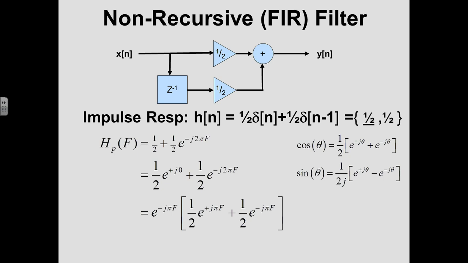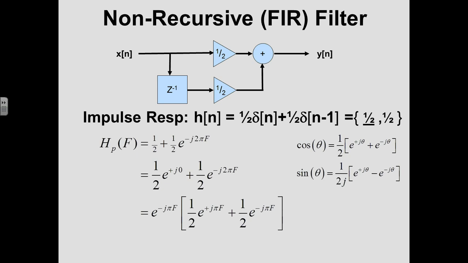And when I pull that out, the first term becomes a 1/2 e to the plus j pi f, and the second term becomes 1/2 e to the minus j pi f. And when I put those back together, when I combine the e to the minus j pi f with the 1/2 e to the plus j pi f, I get back to 1/2 e to the j0. Likewise, when I recombine e to the minus j pi f with 1/2 e to the minus j pi f, I get the 1/2 e to the minus j2 pi f.